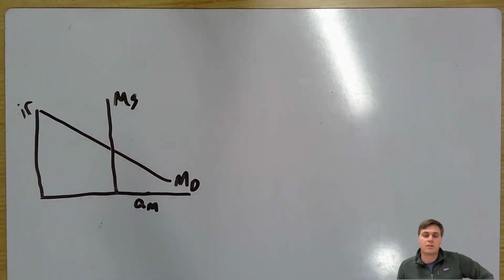Okay. So the money market graph, to provide a little bit more context, is where we first start introducing the idea of monetary policy, how the Fed conducts monetary policy to expand or contract the economy and set interest rates. Okay.